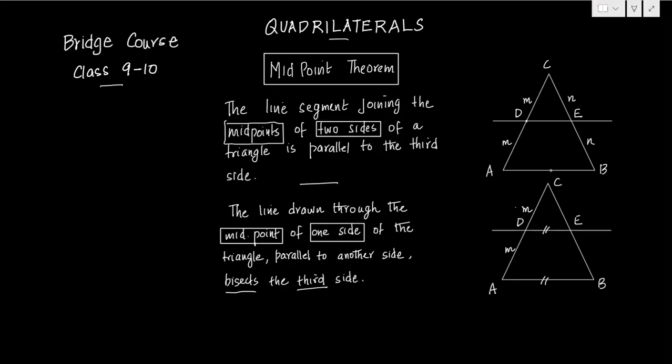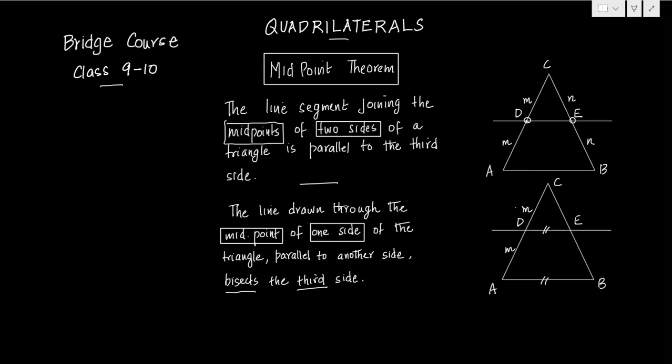The theorem says the line segment joining the midpoints of 2 sides of a triangle. If you take the first figure, this is a line segment that is joining the midpoints. D is the midpoint of AC, E is the midpoint of BC.